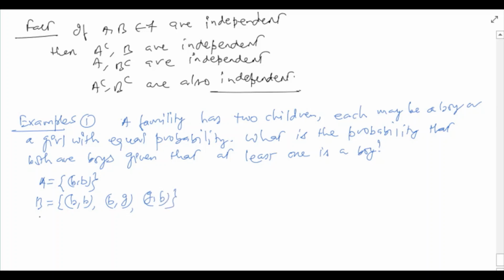Then we are interested in probability of A given B. We can use the conditional probability formula that says that probability of A given B is probability of A intersection B divided by probability of B. Probability of A intersection B is simply probability of A. Probability of A is 1 by 4.